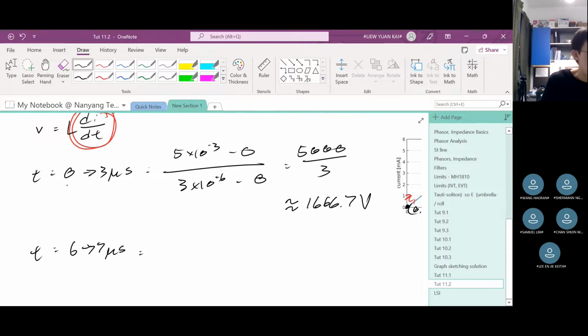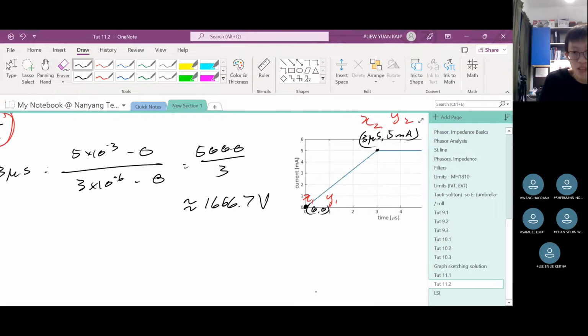L di/dt. Oh, sorry, I forgot to do the L di/dt, right? So we want to find the voltage value between 0 to 3, right? Notice that the gradient is constant. The gradient here is constant, and then V is given by L di/dt. L is a constant, it's just a number. di/dt for this segment is just a constant, right?